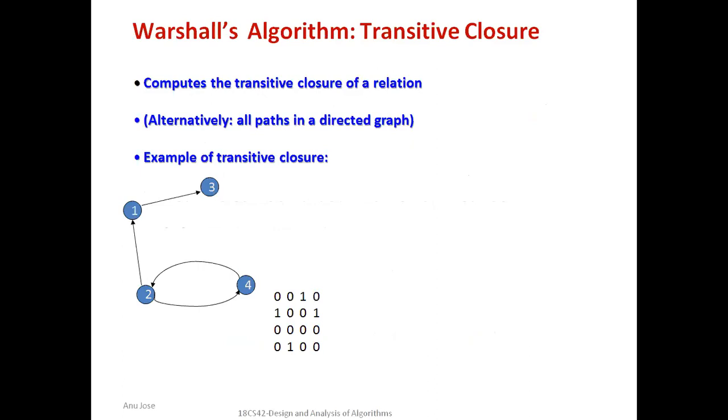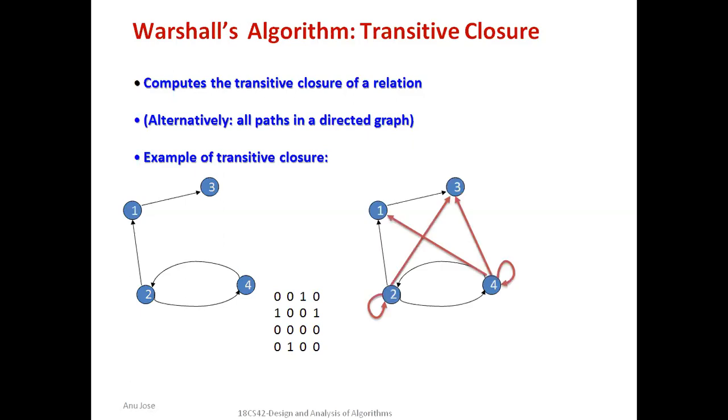Warshall's algorithm is used for finding the transitive closure. This is the given graph, represented in adjacency matrix format. After applying Warshall's algorithm, I will get a path matrix which has the other connections or paths existing in the graph.